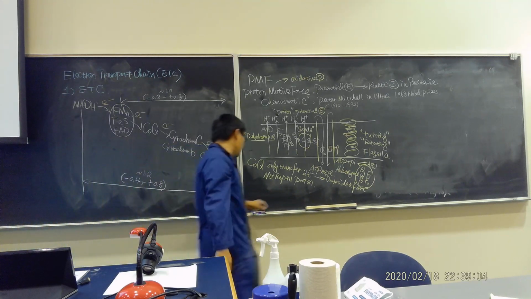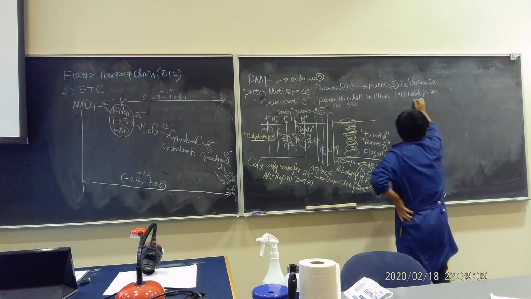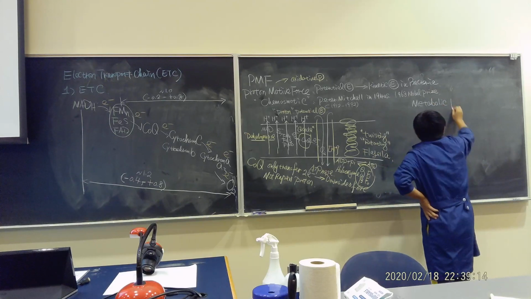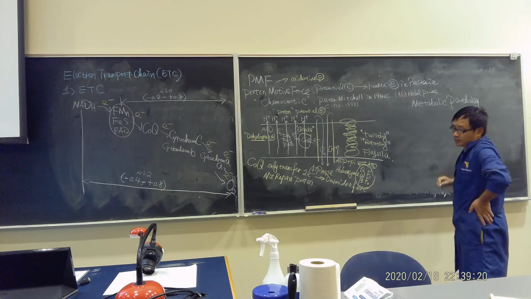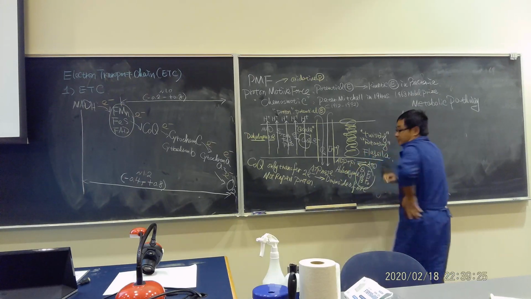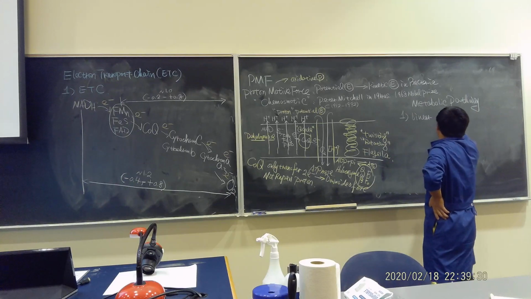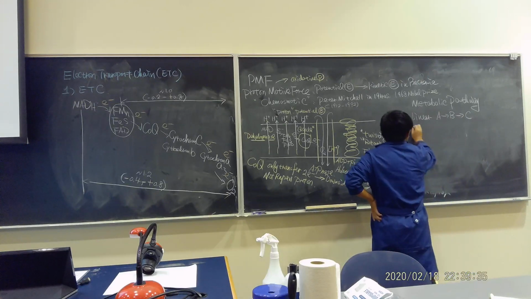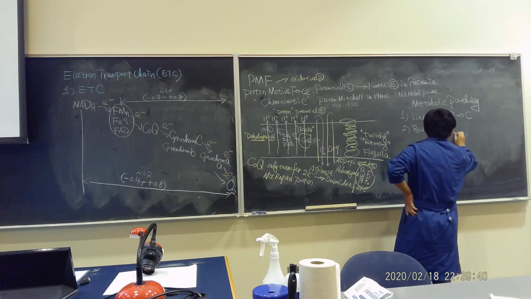Okay, once we finish here, we are going to move on to metabolic pathways. When we talk about metabolic pathways, we are only going to mention 3 things, and this slide will explain. It could be linear, which means A to B to C. It could be a branch, which looks like this.